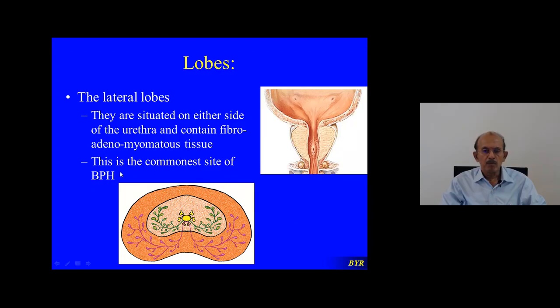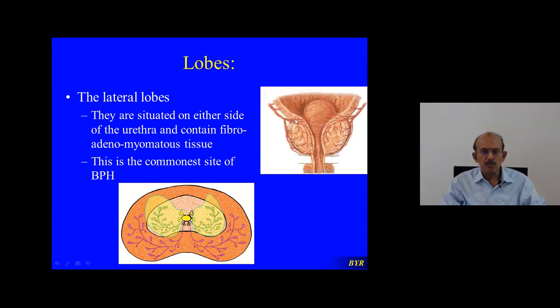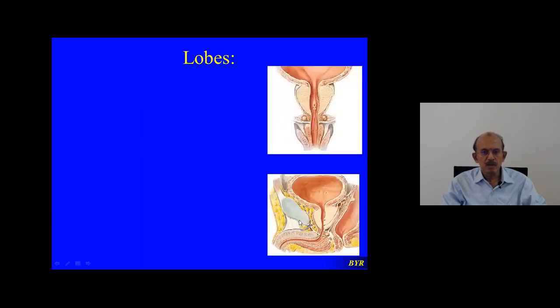But when benign prostatic hypertrophy develops, this is the region which gets involved. So this becomes hypertrophic. Then you can see 2 definite lobular structures on either side of the urethra. The middle lobe.